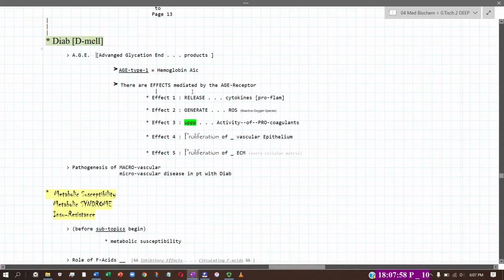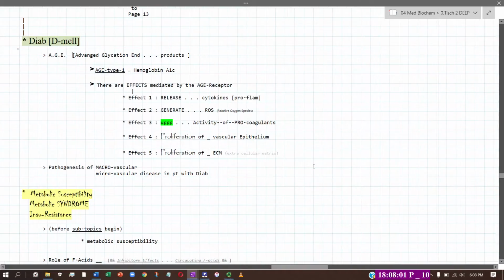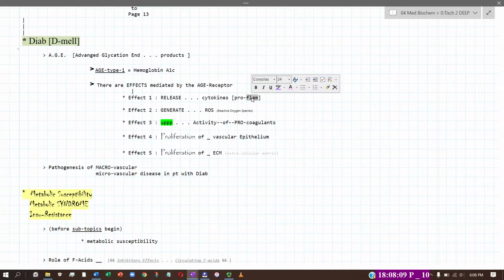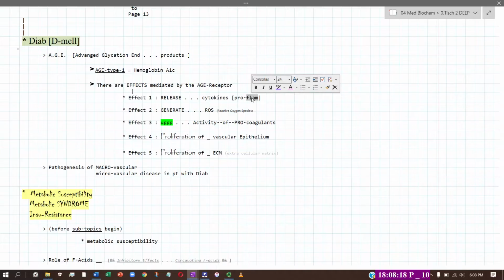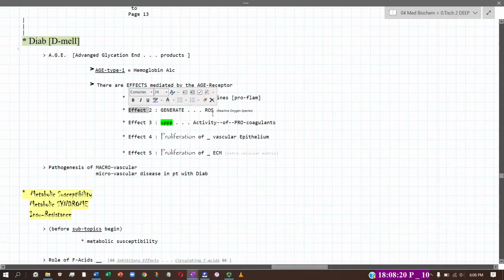You have effect 1, which is the release of cytokines, which are pro-flam. That means flam is my shorthand notation for inflammation. So AGE receptors are associated with the release of cytokines, which are pro-inflammatory. Effect number 2 is the generation of ROS, reactive oxygen species.